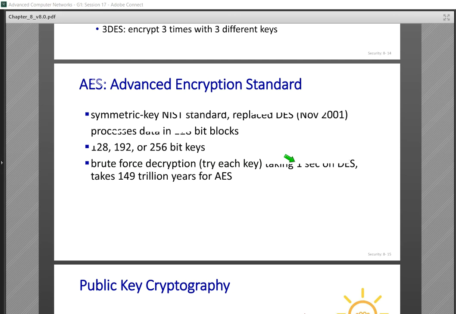It means that I'm spending 1 second to decrypt this encrypted text.